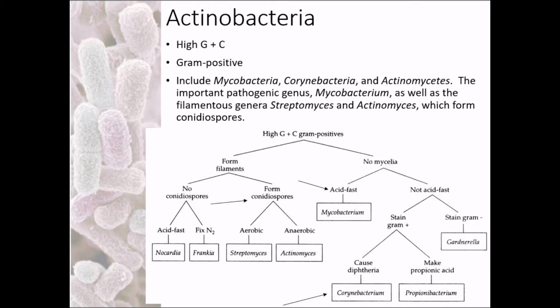Streptomyces, Actinomycetes, Frankia and Nocardia are known to be good filamentous organisms, while Streptomyces and Actinomyces form conidiospores. Nocardia and Frankia form no conidiospores. While Frankia can fix nitrogen, Nocardia and non-mycelial Mycobacteria cause acid-fast surface.